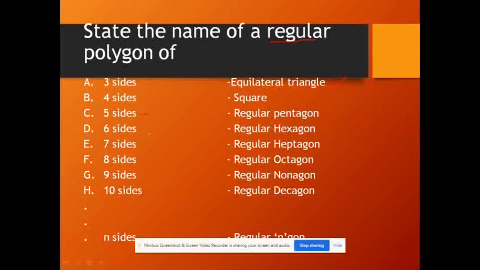Six equal sides and angles, a regular hexagon. Seven sides is called a heptagon. Eight sides is a regular octagon. Nine equal sides and angles is a regular nonagon. Ten sides is a regular decagon. As the number of sides increases accordingly, we can say regular n-gon.